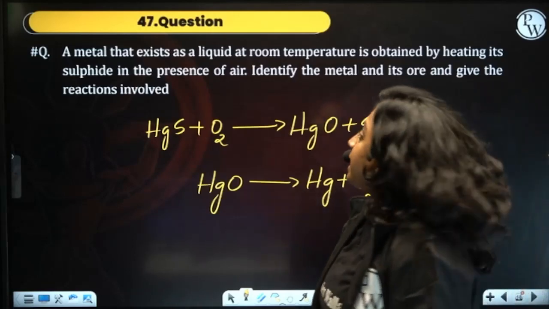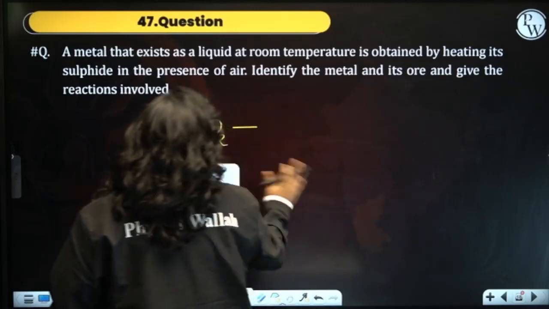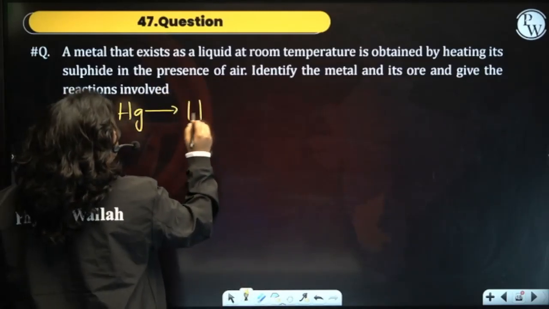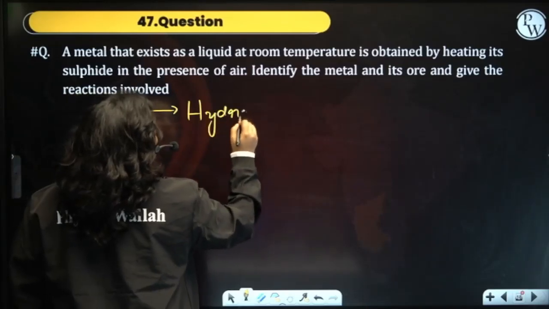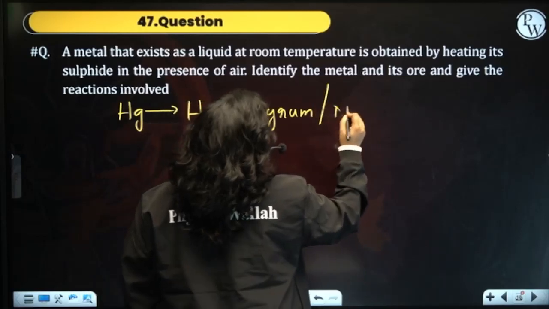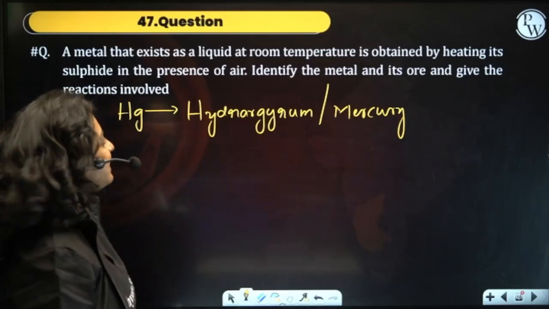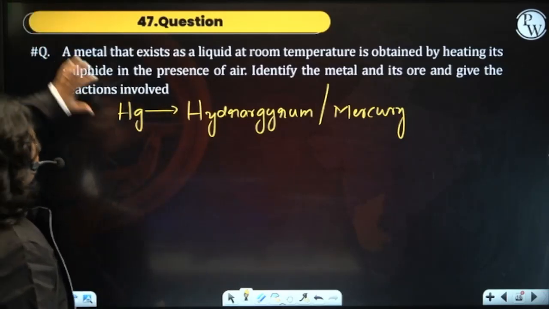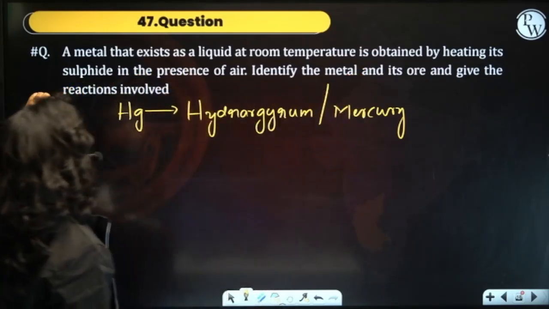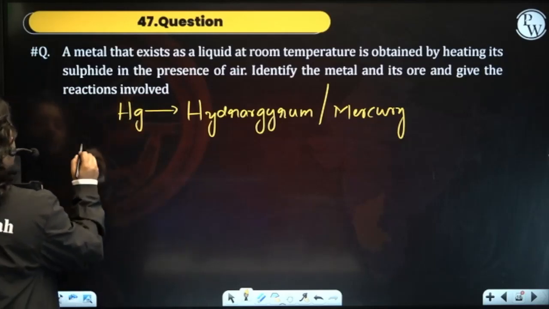Now, 47th question. A metal that exists as a liquid at room temperature. Which is that metal? Mercury. What is the full form of Hg? Hydrargyrum. Or what is the English name? Mercury. Now, this metal which is a liquid at room temperature is obtained by heating its sulfide in the presence of air.